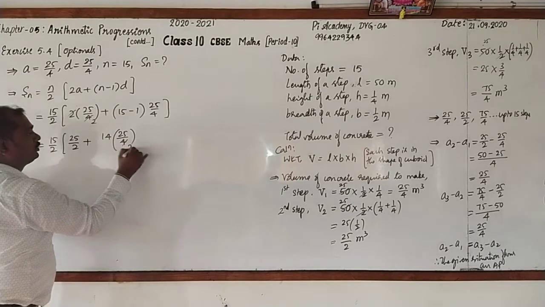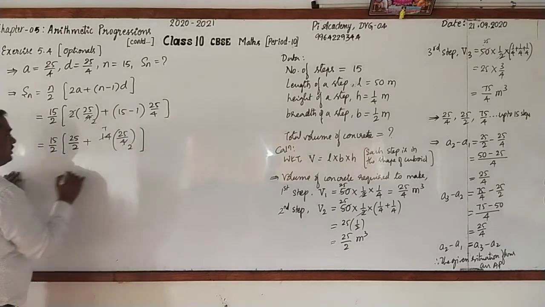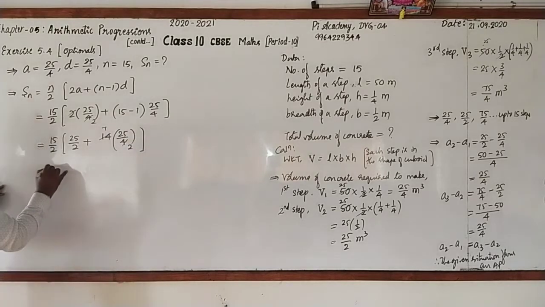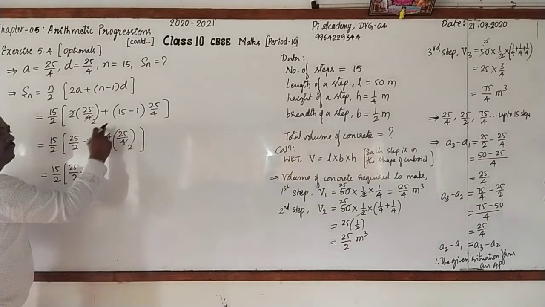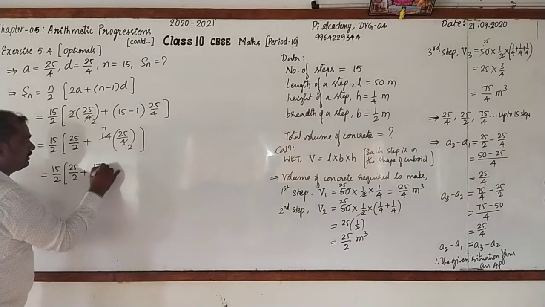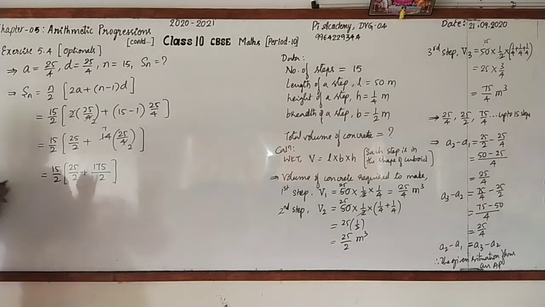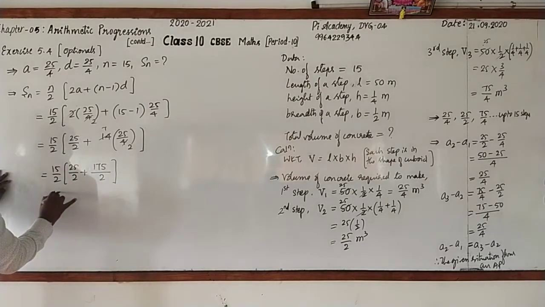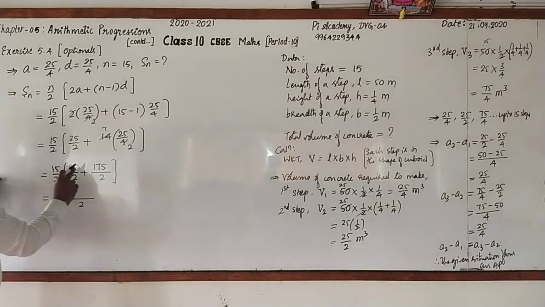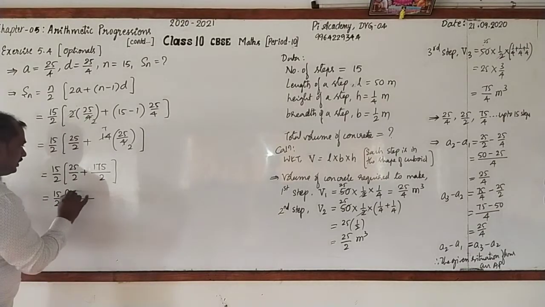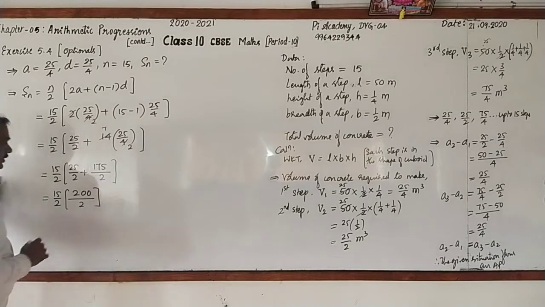Now, 2 2s are 4, 2 7s are 14. It is equal to 15 by 2 into 25 by 2 plus, now multiply, 25 7s are 175 by 2. Got it? This is equal to 15 by 2 into, LCM is 2, then 25 plus 175, this will be 200.